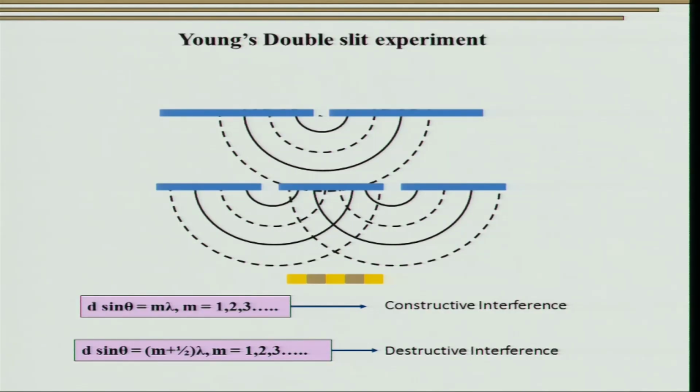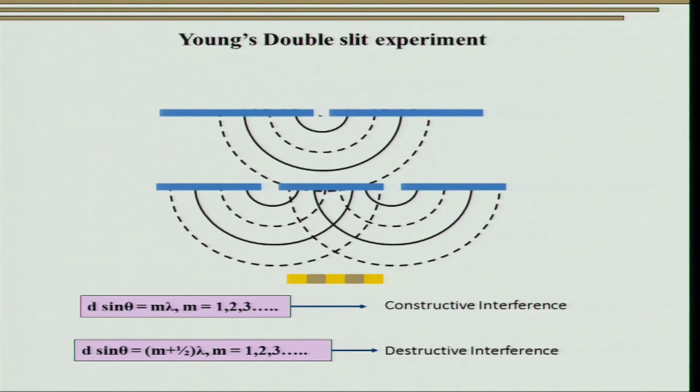Whenever two waves meet in phase, their amplitudes get added up and lead to constructive interference. However, if the two waves meet out of phase, their amplitudes get cancelled, and if they have the same amplitude, you get total destructive interference and there is no intensity.